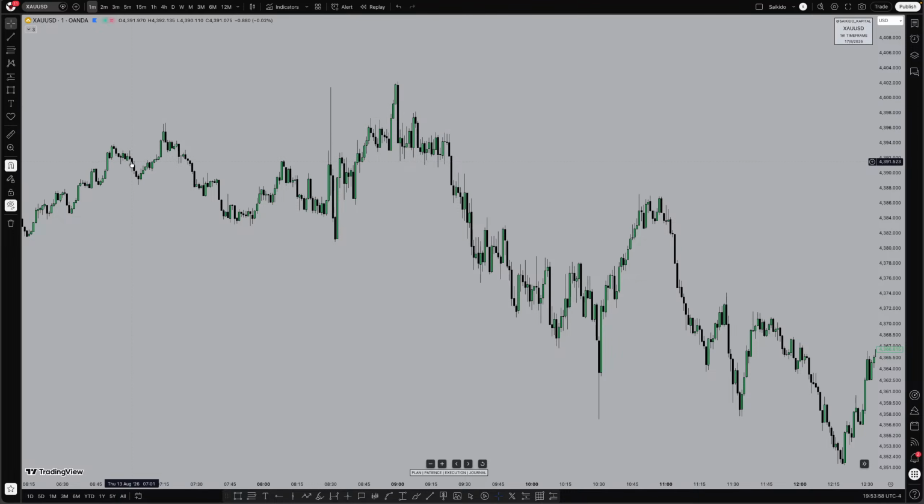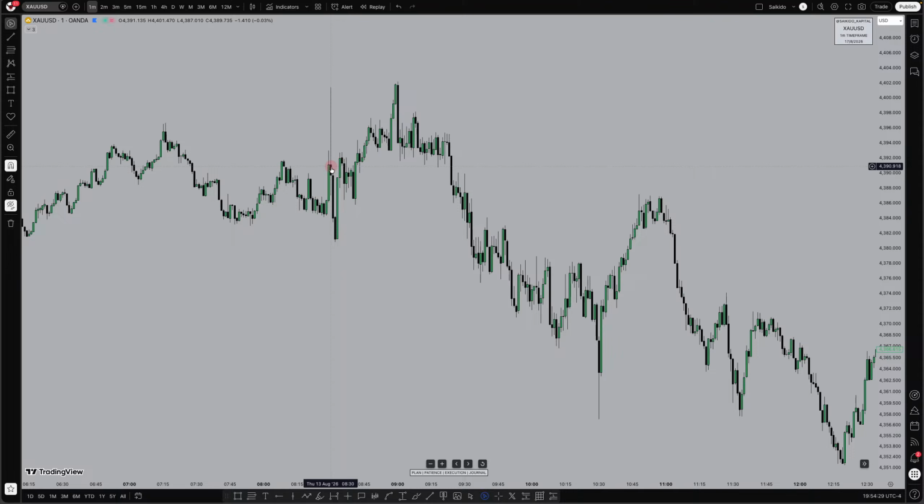We opened somewhere here, and then you put in that high, and then that high, forming relatively equal highs, and then you put this high before the news release at 8:30, which also created relatively equal highs with this high right here. So we had these relatively equal highs before the news, and we have a long wick.